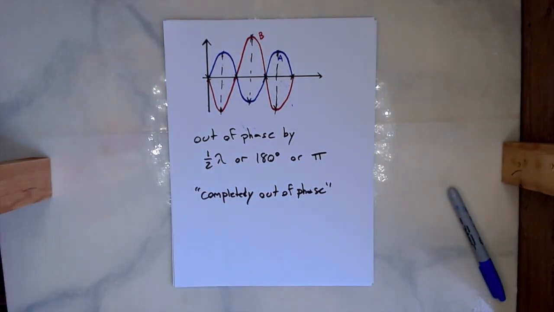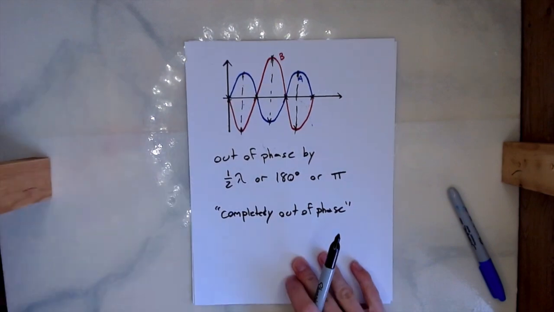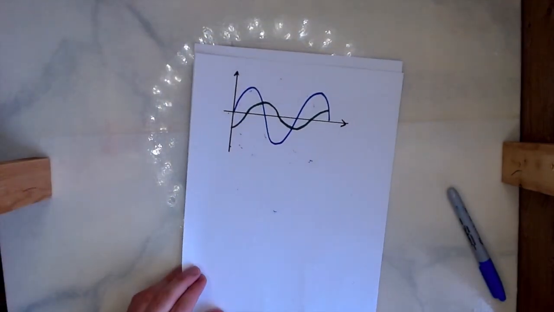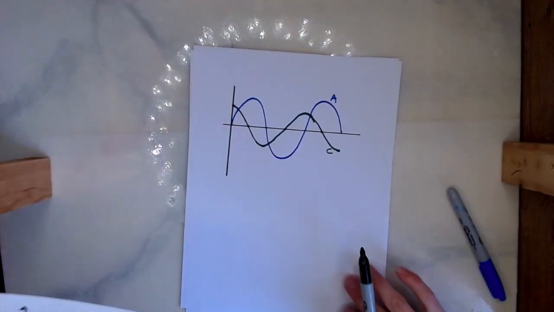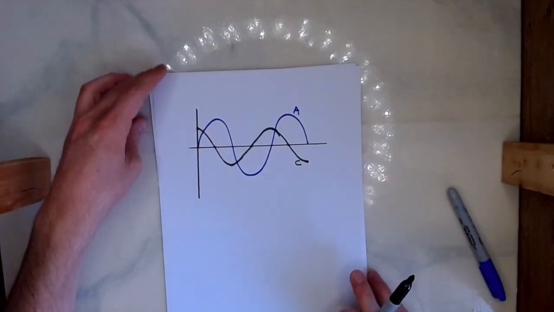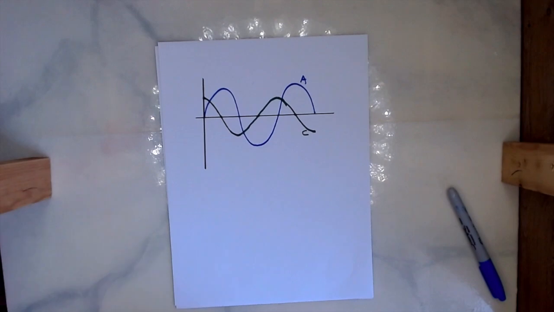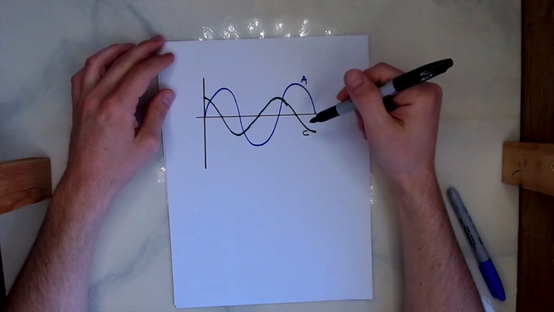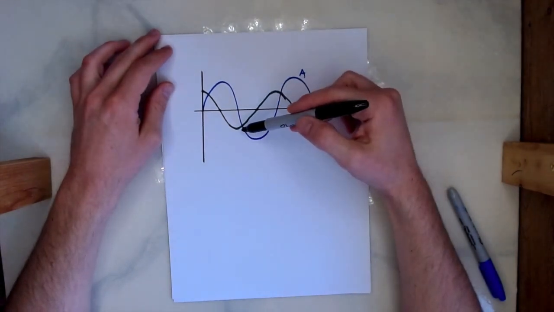Something slightly more complicated can be shown with this one here, where we notice the crests don't line up with the crests, the troughs don't line up with the troughs for waves A and C here. I don't know if you can see it, but A is blue, C is green.